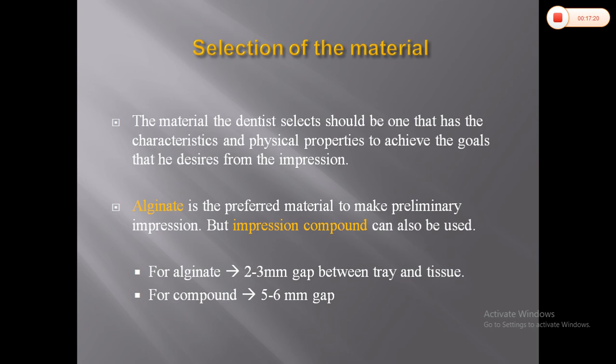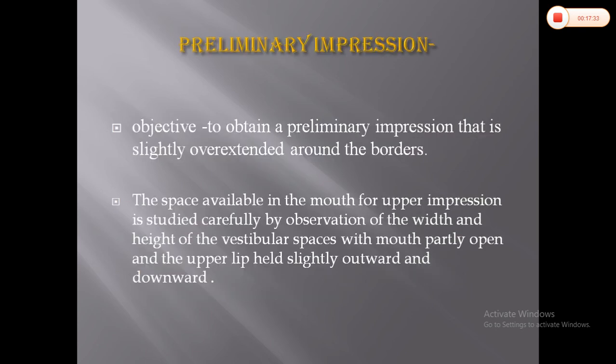If you have a 2 to 3 mm gap, alginate can be used. If you have 5 to 6 mm thick, consistent material, impression compound can be used. I selected these two materials because you would already be aware of them, and would have seen and used both alginate and impression compound.